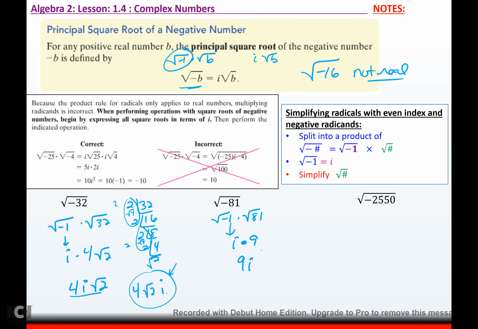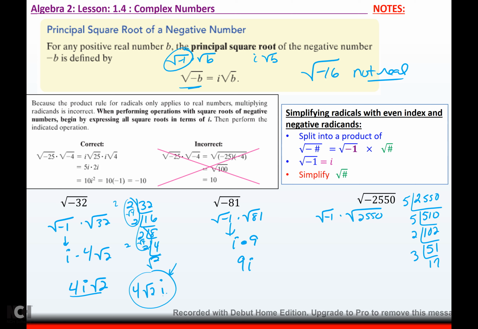Okay, the square root of negative 2550, that's the square root of negative 1 times the square root of 2550. If I break down 2550, by 5 is 510, by 5 is 102, by 2 is 51, by 3 is 17.